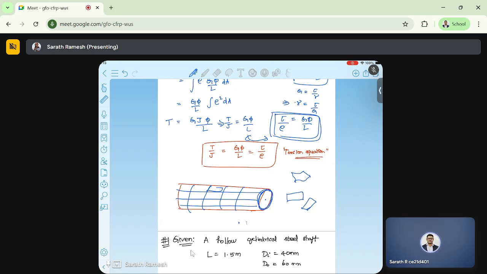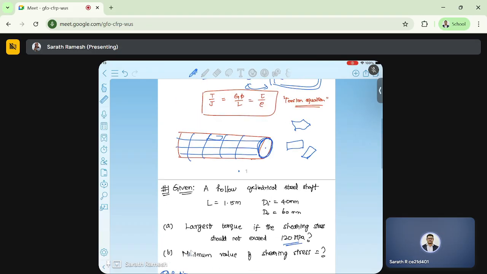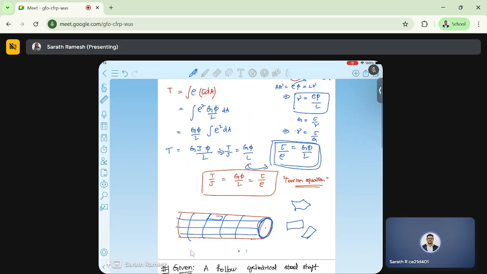If it's a hollow shaft, as given in this problem, the minimum is going to occur at the inner radius surface, because from this expression we see it is directly proportional to the distance from the center.